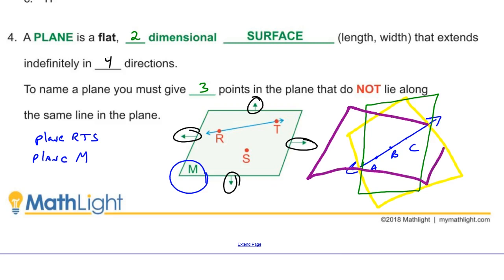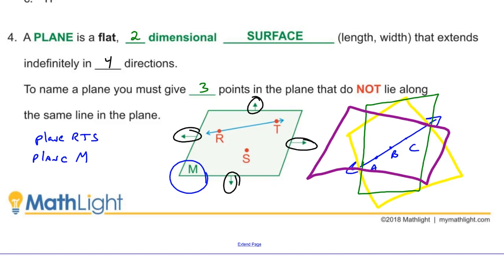Oh, now I'm in trouble. Now I'm getting all out of shape there. That line is in, matter of fact, there's an infinite number of planes that line is in. And therefore, naming the 3 points doesn't tell us exactly what plane we're talking about. So it's got to be 3 points that are not along the same line to name a plane.